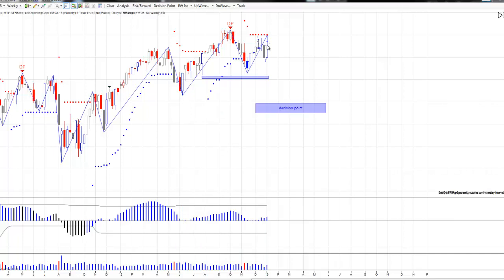Now you can see the Dow has diverged from the S&P in the sense that it did not trade above its prior wave 5 high in this weekly chart here. So this pattern is still intact, and we could be looking at a potential wave 2.